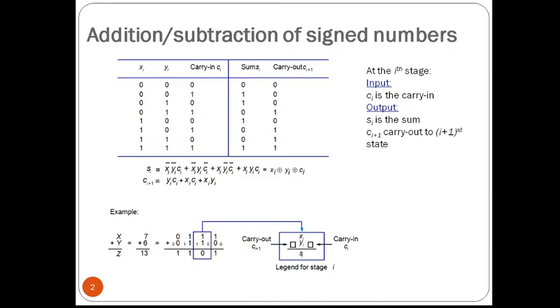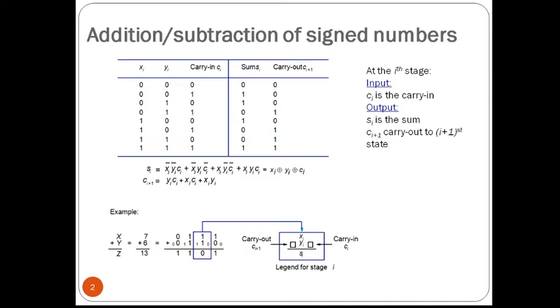When x is 1, y is 0 and carry in is 0, sum is 1 and carry is 0. When x is 1, y is 0 and carry in is 1, sum is 0 and carry out is 1. For x equal to 1, y equal to 1 and carry in 0, sum is 0, carry out is 1. For x equal to 1, y equal to 1 and carry in equal to 1, sum is 1 and carry is 1.